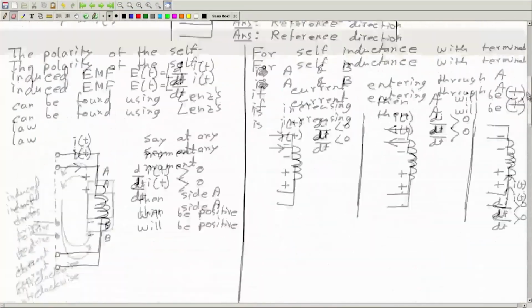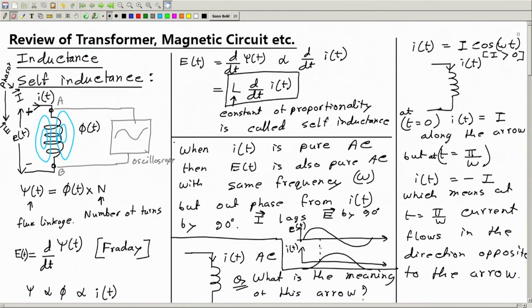Okay. Yeah, so one more point which I wanted to mention. So now this fact that I lags E by 90 degrees and the magnitude of I is such that this relationship holds. Okay.